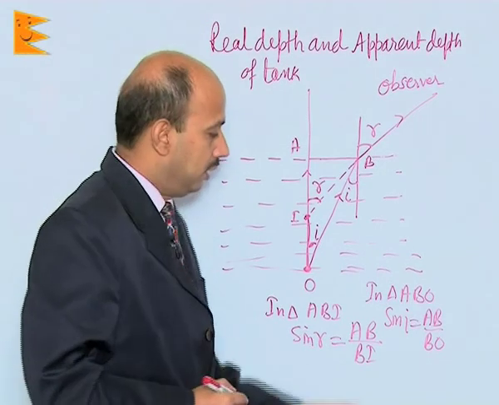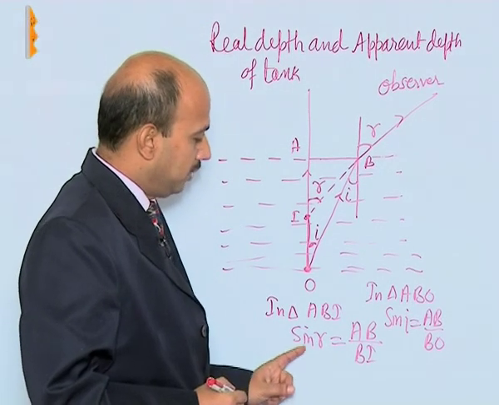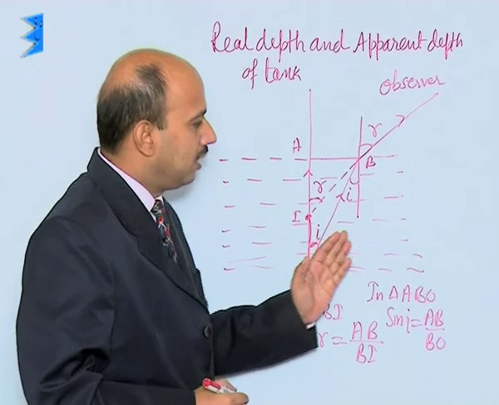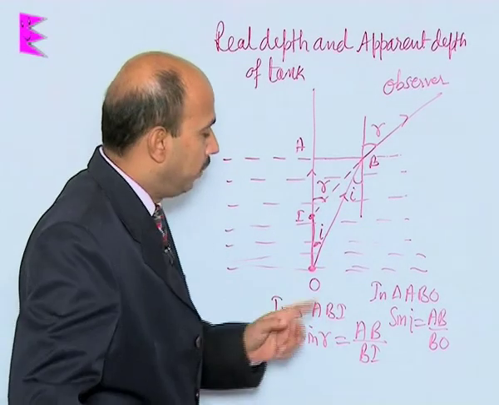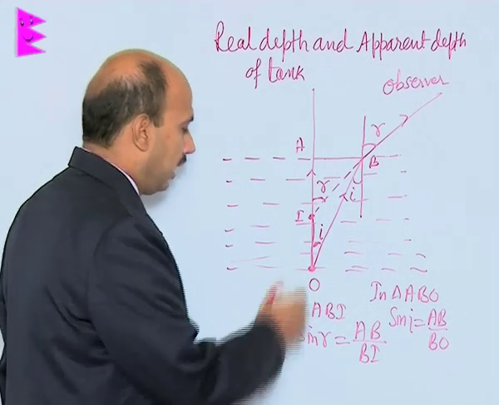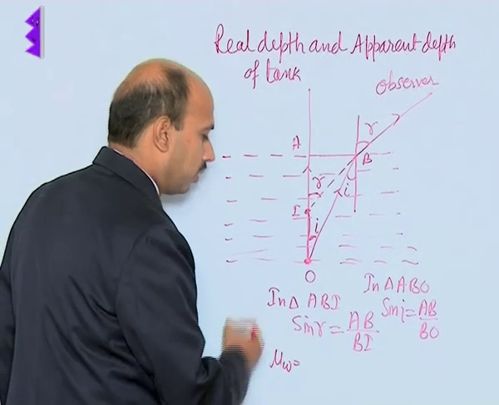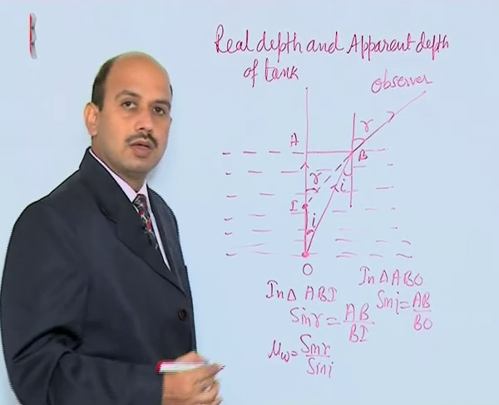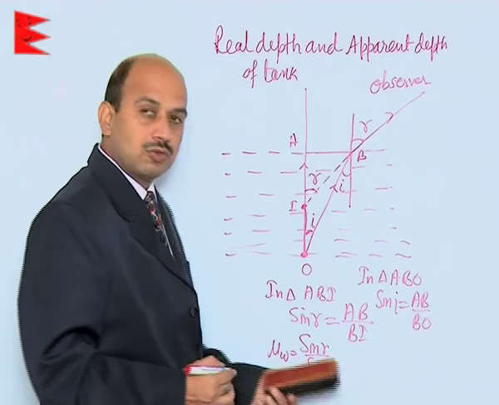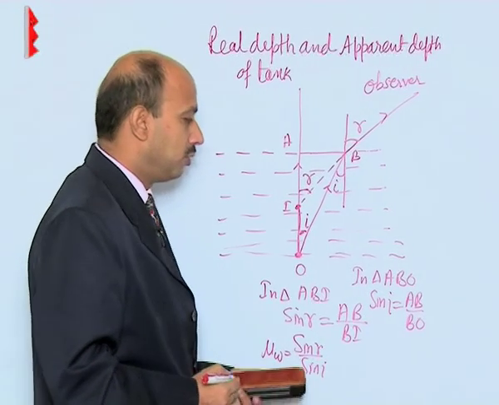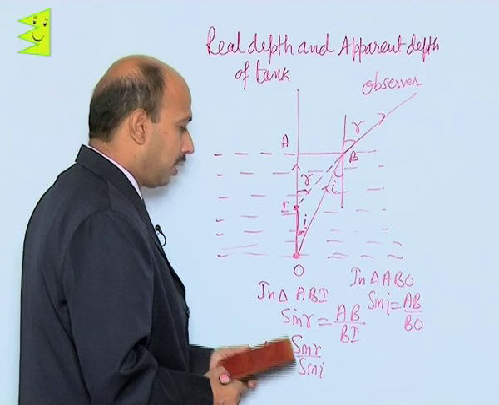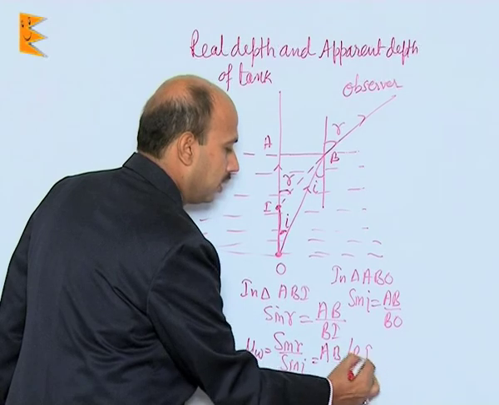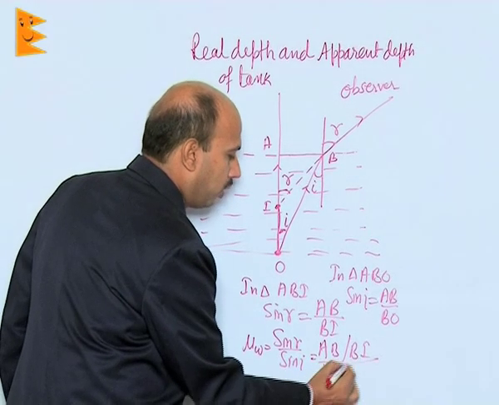Now, we have got I and R. According to Snell's law, we can calculate the refractive index of this water. So, we can write the refractive index of water, mu W, is equal to sin R upon sin I. Here, according to Snell's law, and also using the principle of reversibility, when I write sin R upon sin I, that will be AB upon BI divided by AB upon BO.